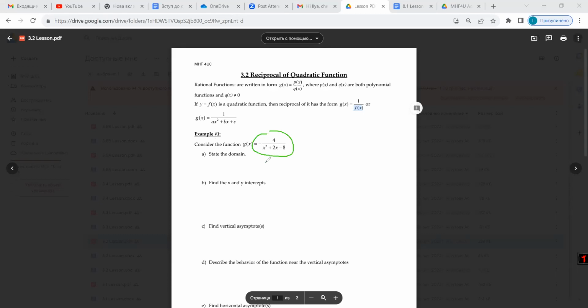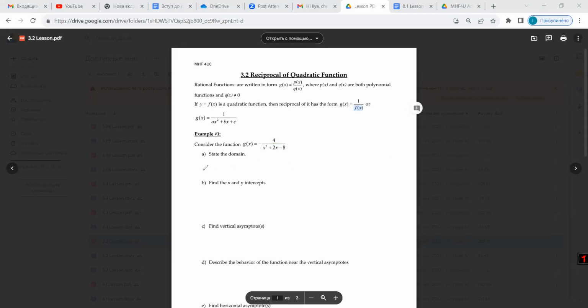Okay, Mohammed, I cannot wait any longer. So the domain is the values that X could take. X, in this particular case, could take all the values except for those that make the denominator equal to 0. Okay?